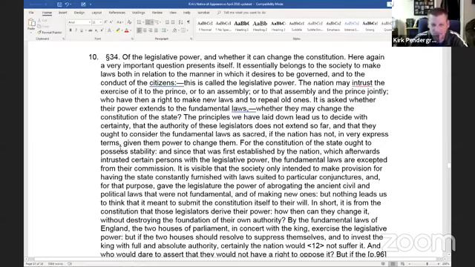All right. The Constitution of the state ought to possess stability, and since that was first established by the nation, which afterwards entrusted certain persons with the legislative power, the fundamental laws are excepted from their commission, because that's the law of creation.